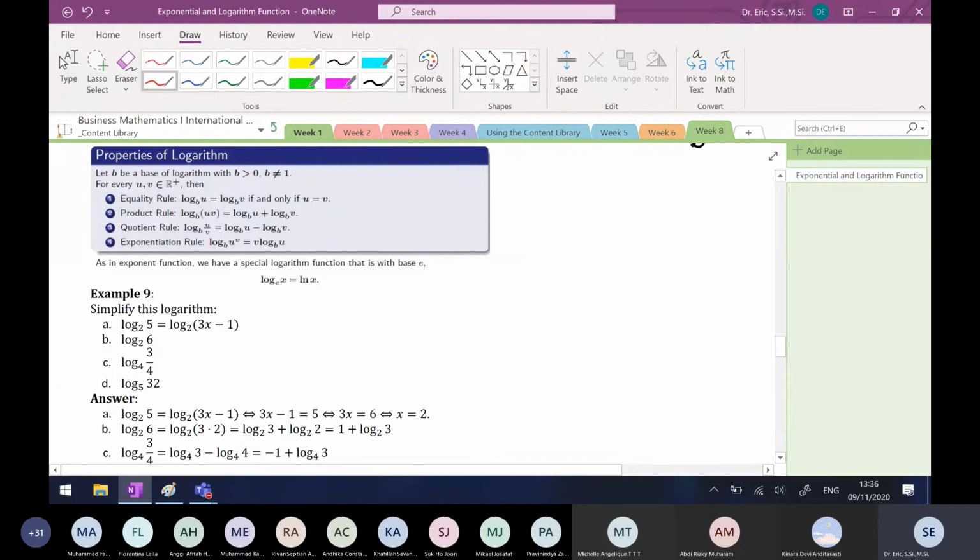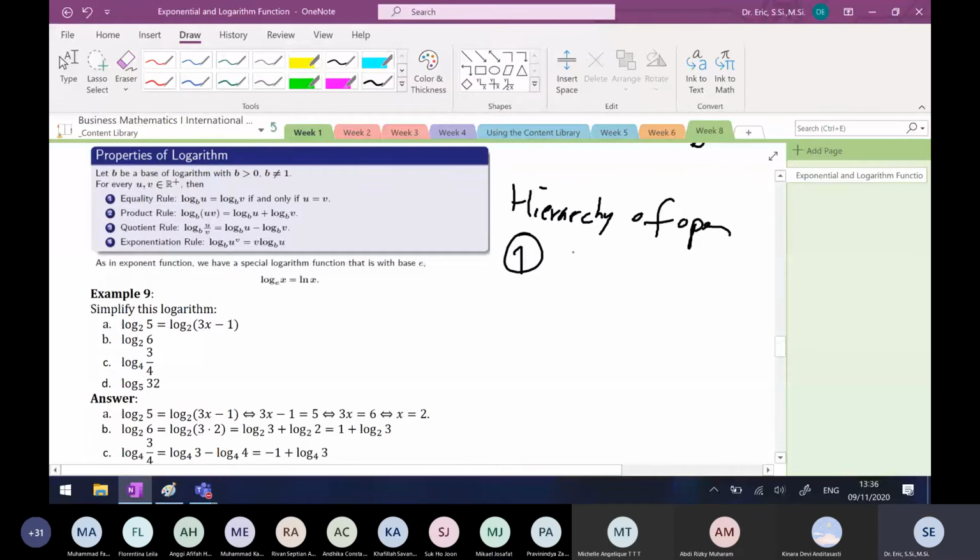The product rule, log of u times v with respect to b is log u plus log v. So if you have log 6 with base 2, this is 3 times 2, so you have log 3 plus log 2. Don't forget, there is hierarchy in mathematics, of operation.